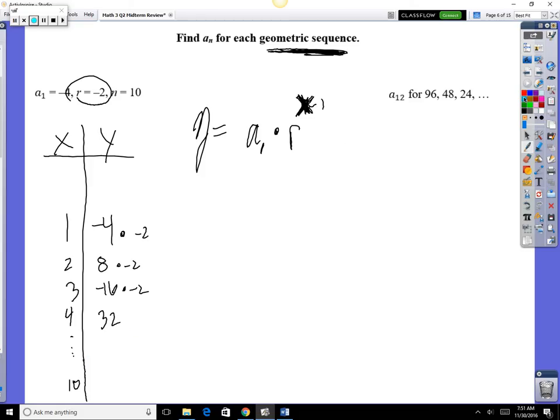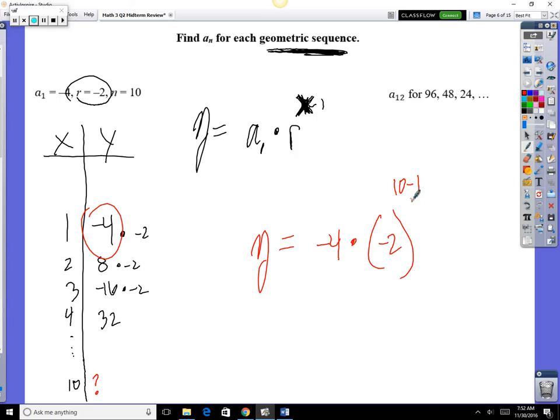Okay, the formula, I want to find the y. So the a sub 1 is that guy, it's a minus 4, times the rate at which I'm timesing by, a negative 2, and I got to put that in parentheses, raised to the, so if I want to go to the 10th one, I've actually got to raise it to the 9th power.